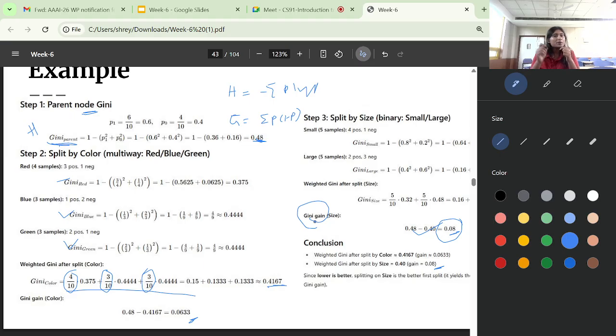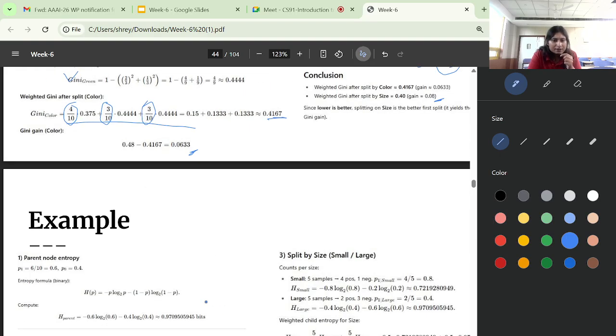That's why the concept of Gini and the concept of entropy is very important. This entropy gives you information about the whole data, and how you are going to choose the variable, the attribute. This is what is more important for me.